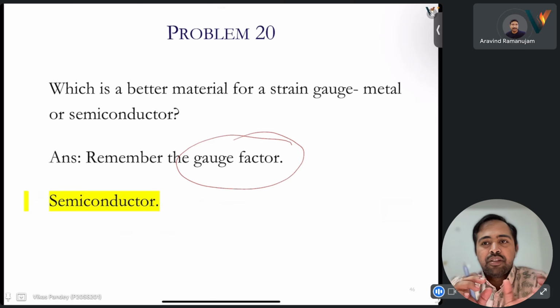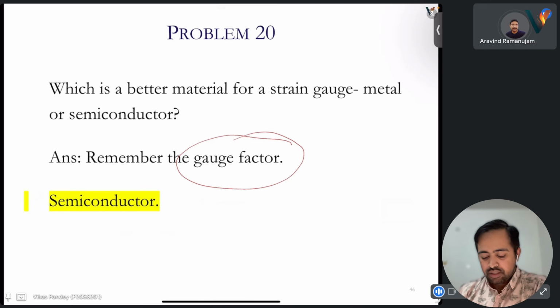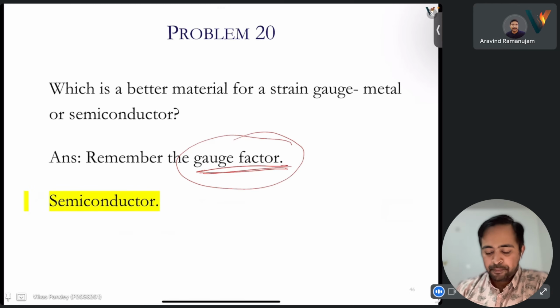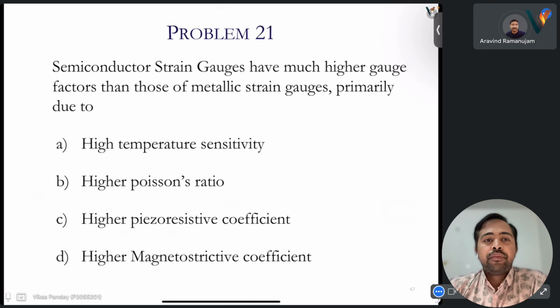This is something Sir has also discussed. Just to revise, it is based on gauge factor. If we check the gauge factor, we'll get an idea. The semiconductor strain gauges have much higher gauge factor than those of metallic strain gauges.